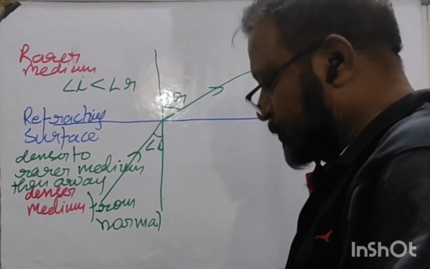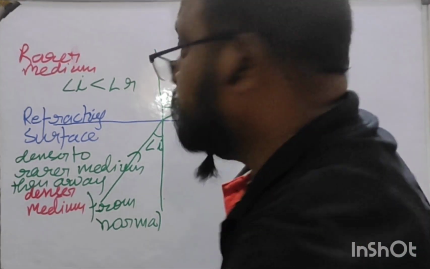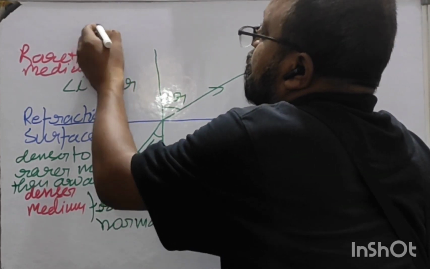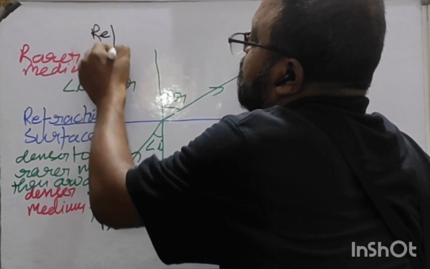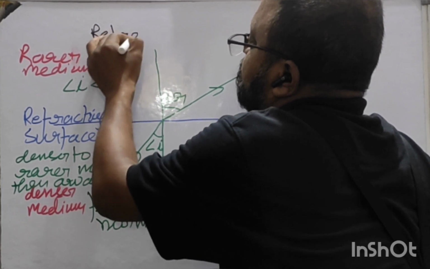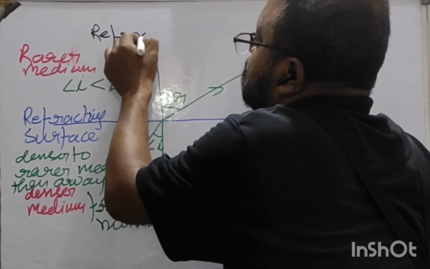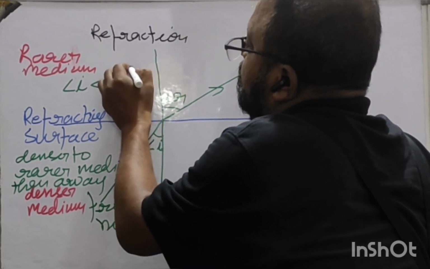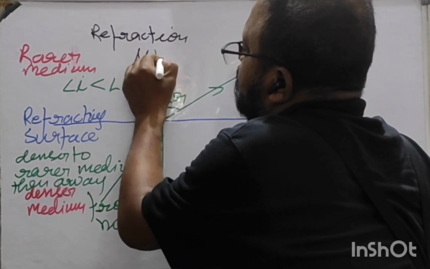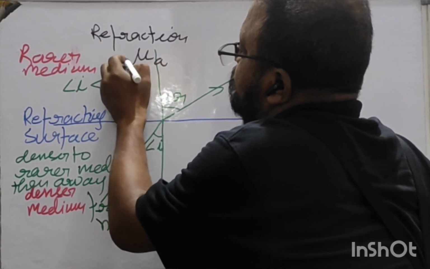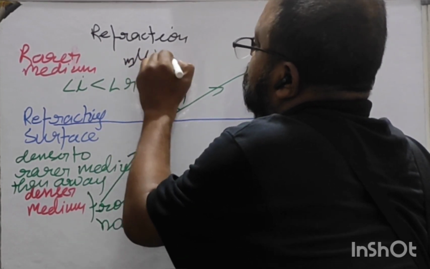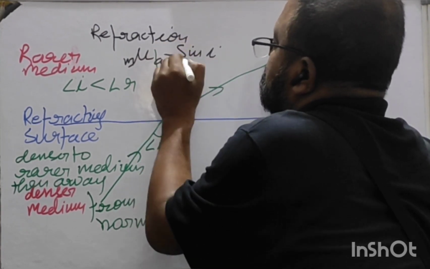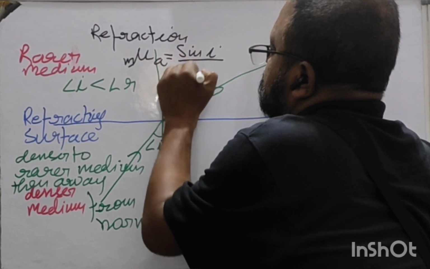This is what we call simple refraction, from denser to rarer medium. And refractive index of air with reference to medium is equal to sin I upon sin R, right?